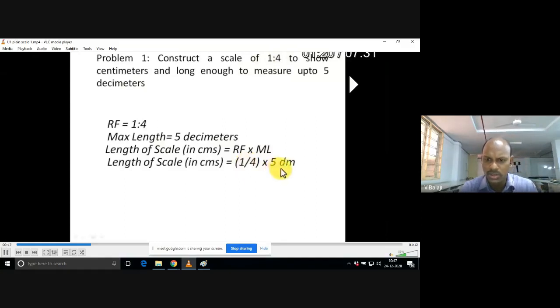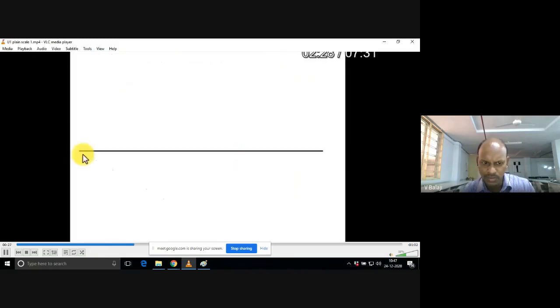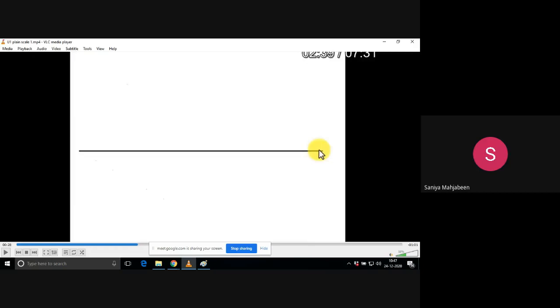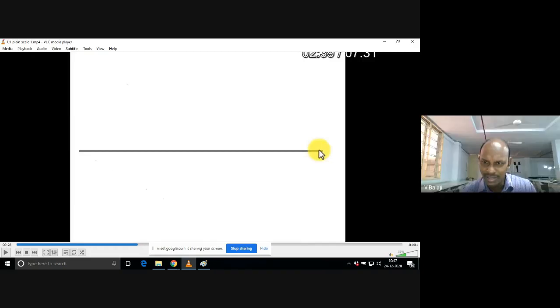So now you follow the step-by-step procedure while drawing on the drawing sheet. First calculate RF, length of the scale, convert into centimeters. Now take your drafter, draw one line. What is the length of this line? 12.5 centimeters. Now I will ask you one important question.